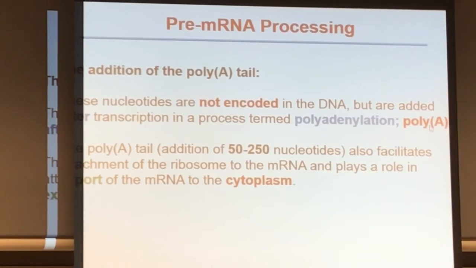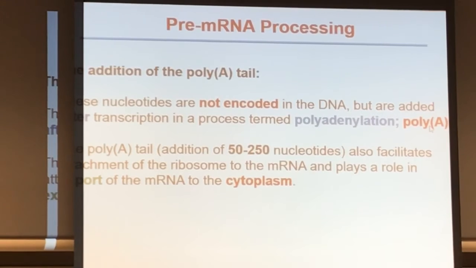If you have an A, you're supposed to have a T in the DNA. You don't have those T's, but still you have these A's. That's why it's referred to as polyadenylation, multiple A's. You could have as little as 50 to 70 adenines, or as much as 500, even 800 adenine nucleotides added to the 3' region.